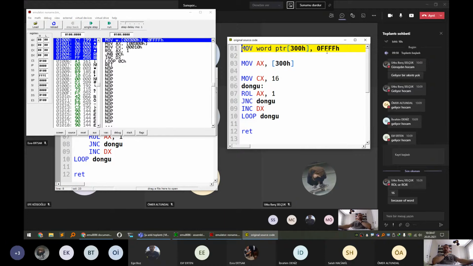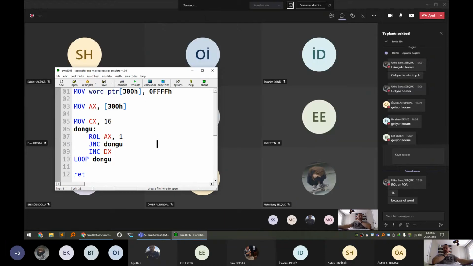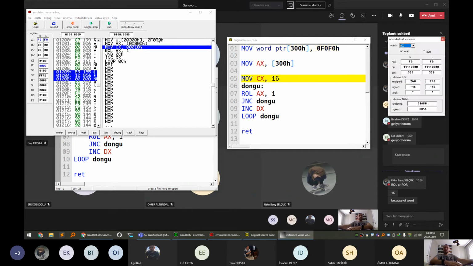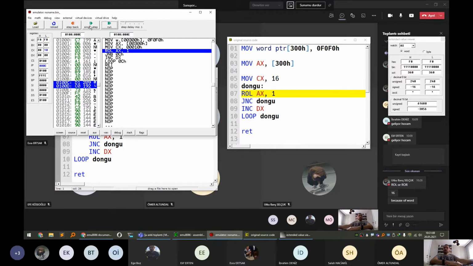FFFF, there are 16 Fs. Let's change this example into F0F0. There are 8 ones in F0F0, 4 from AH, 4 from AL. Okay, CX is 16. We are rotating 1.